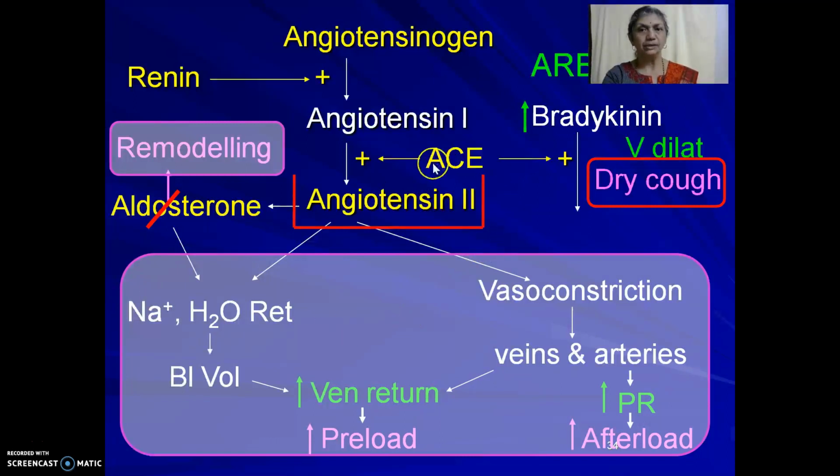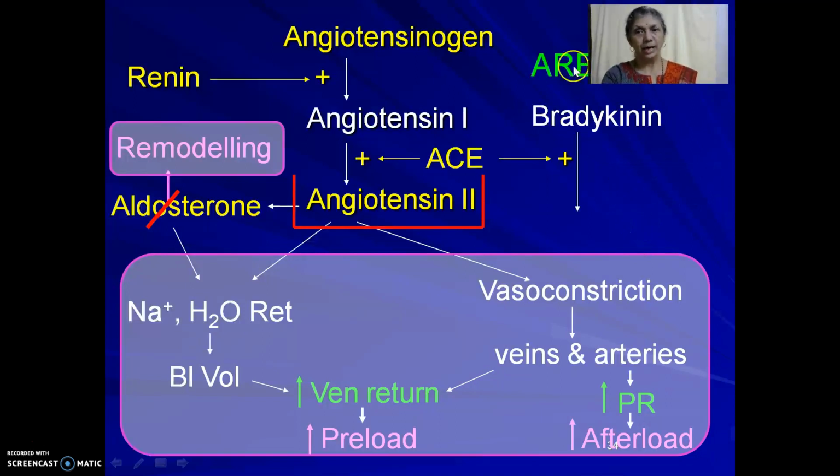Plus, because they are not interfering with ACE, they are not interfering with the degradation of bradykinin, so this beneficial component will vanish, but so also dry cough will not be there. So ARBs manage to give us all the beneficial effects of ACE inhibitors without producing dry cough.